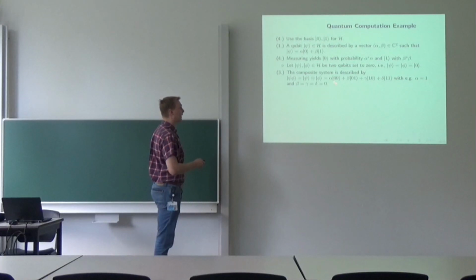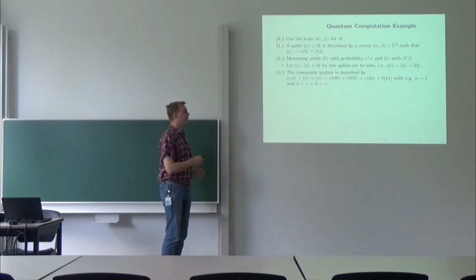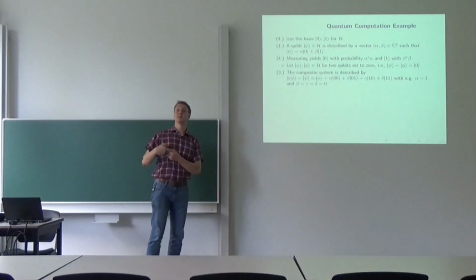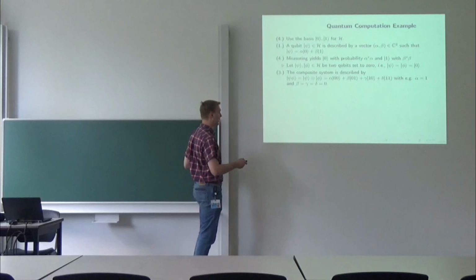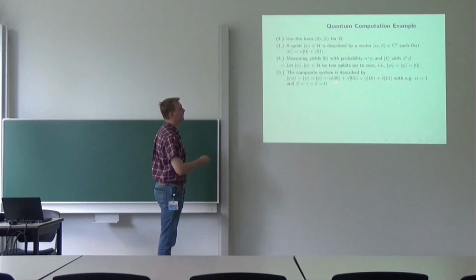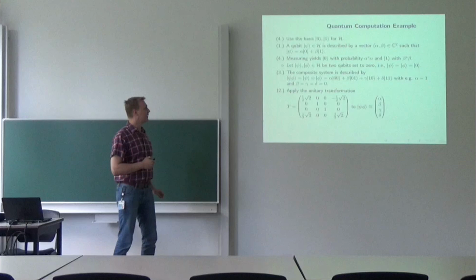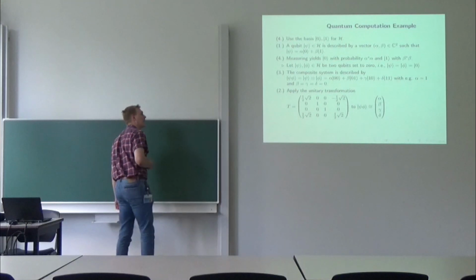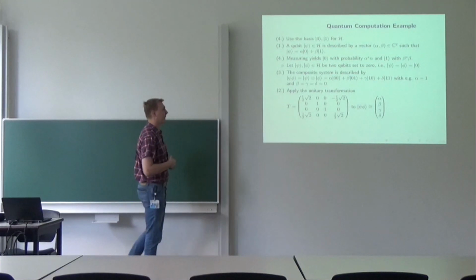And with each basis vector there is an amplitude, which is a complex number. And the vector of these complex numbers must sum to 1. In this case, it trivially sums to 1 because alpha is 1 and beta, gamma, and delta are 0. This means that we know for certain that the system is in the state 0,0. That's all right. But what if we apply a unitary transformation of this form?